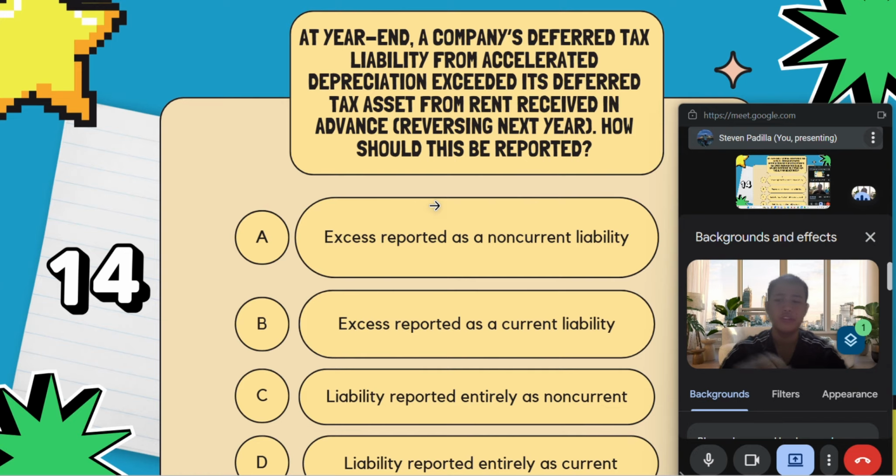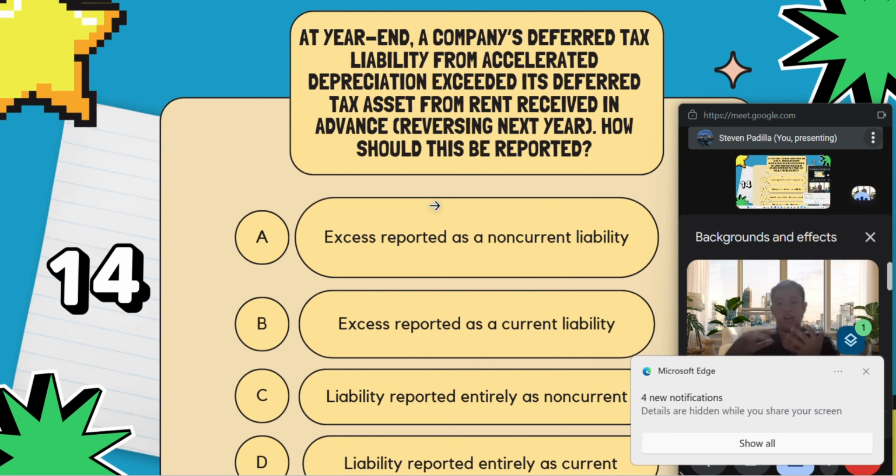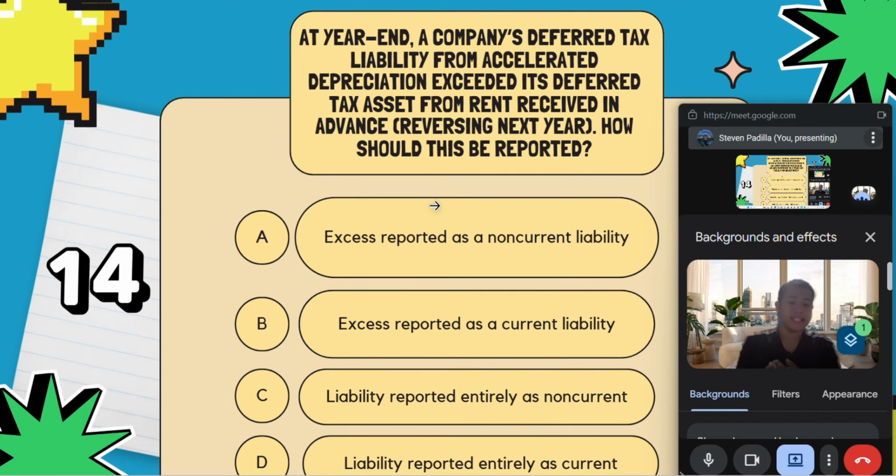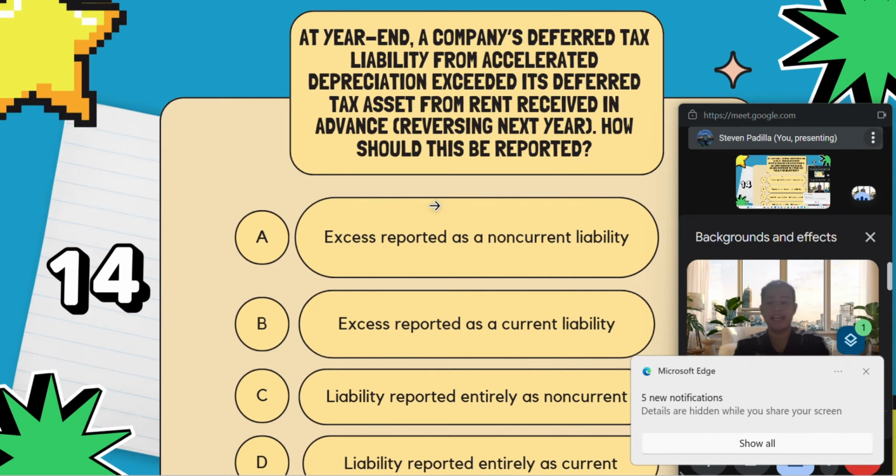For number 14, the deferred tax liability is non-current because it relates to accelerated depreciation, which involves long-lived assets. An example of that is property or equipment. The deferred tax asset from rent received in advance is current because it reverses next year.